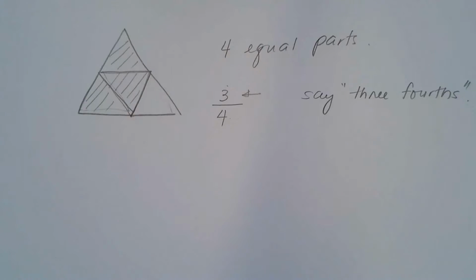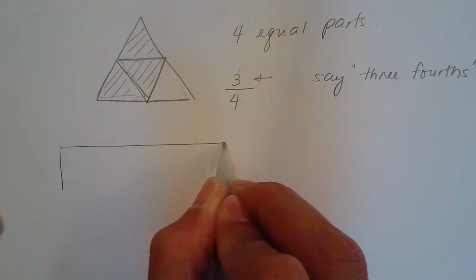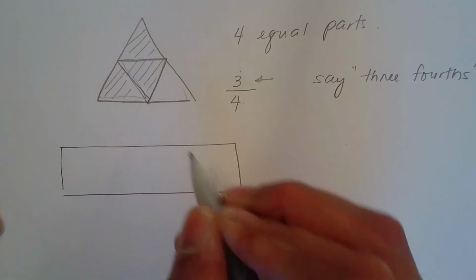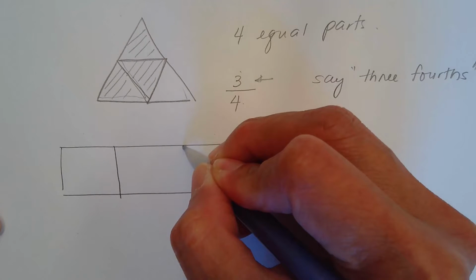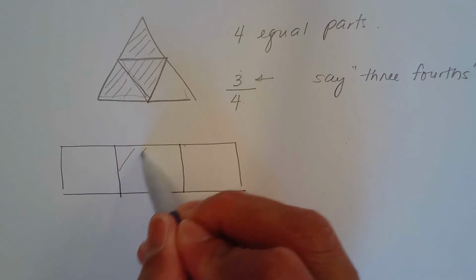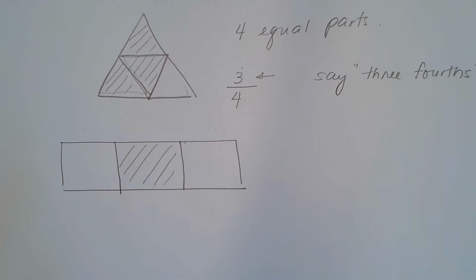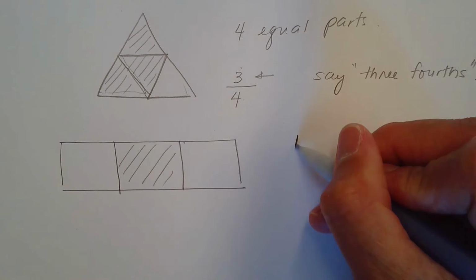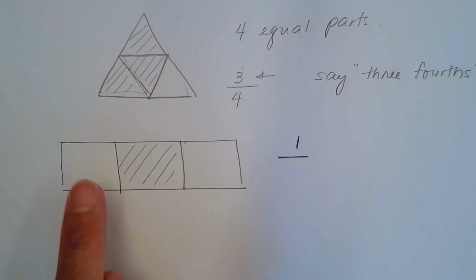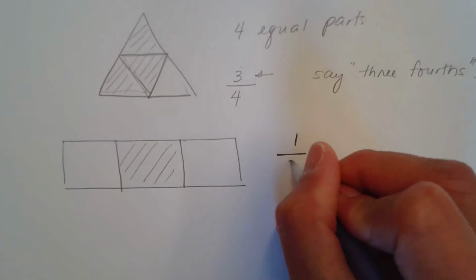Okay, let's do one more. What fraction here is shaded? 1 is shaded out of how many parts? 1, 2, 3. 3 equal parts.